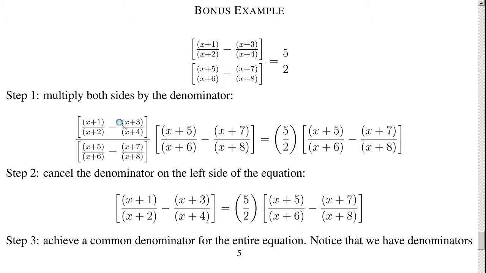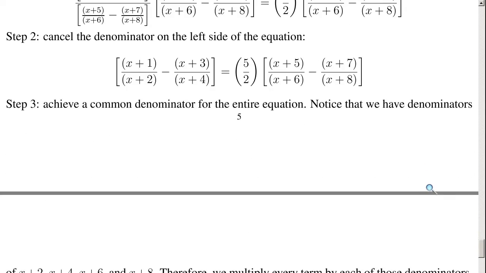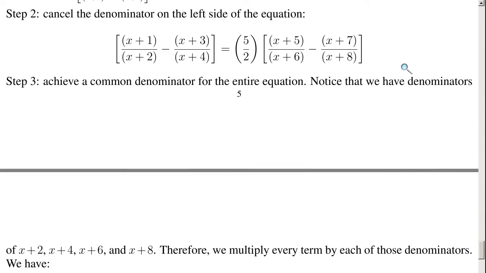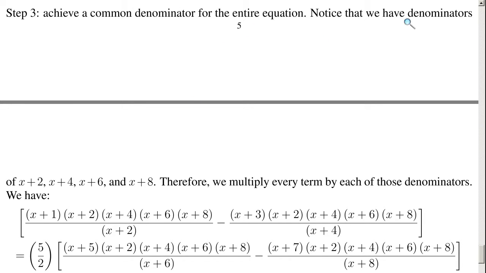Like we've just seen, our approach is the same. Step 1, multiply both sides by the denominator. And we get that. We just have the extra 5 halves hanging around on the right side of the equation. Step 2, cancel the denominator like we did before. Same thing. Step 3, achieve a common denominator for the entire equation. Notice that we have x plus 2, x plus 4, x plus 6, x plus 8 as denominators.